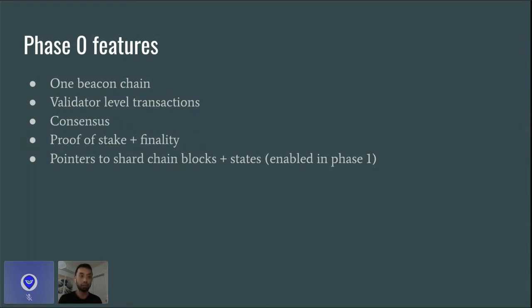And it has a different fork choice rule than the current Ethereum main chain. And most importantly, it has pointers to the shard chain blocks and state. This will be enabled as an extension in phase one. And currently there are phase zero testnets, such as Medalla and Zinken. So I encourage you to try those out and get yourself familiar with phase zero.